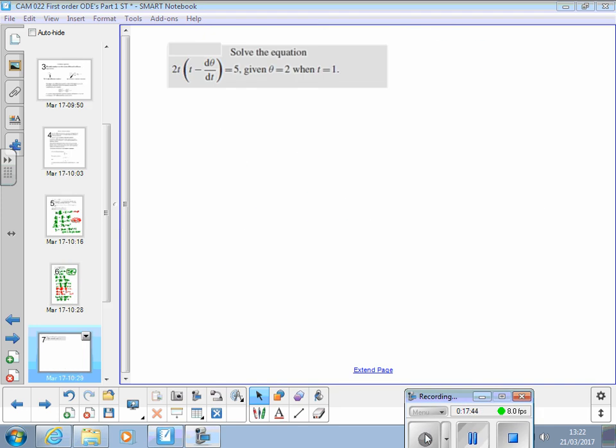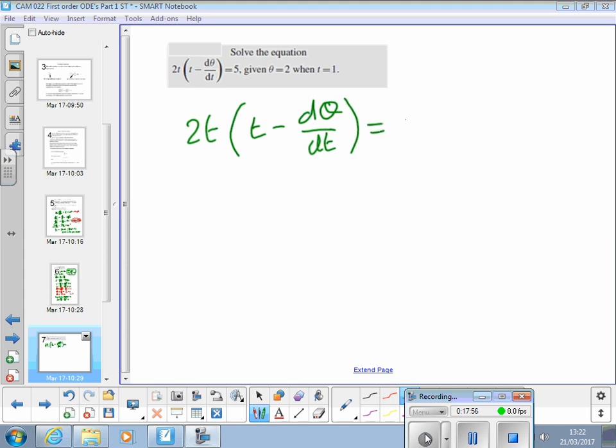This time we've got 2t minus d theta by dt equals 5, and theta equals 2 when t equals 1.